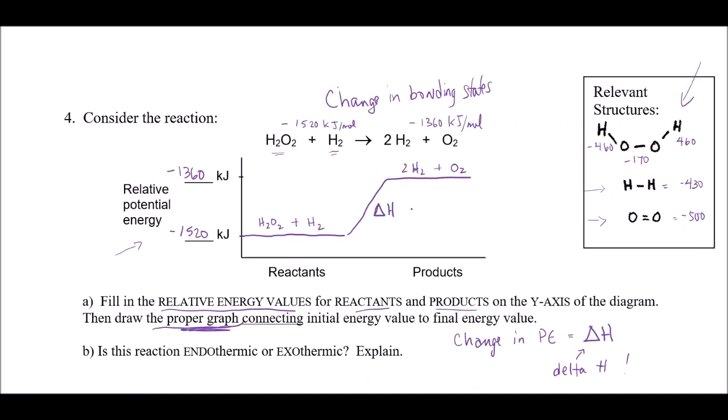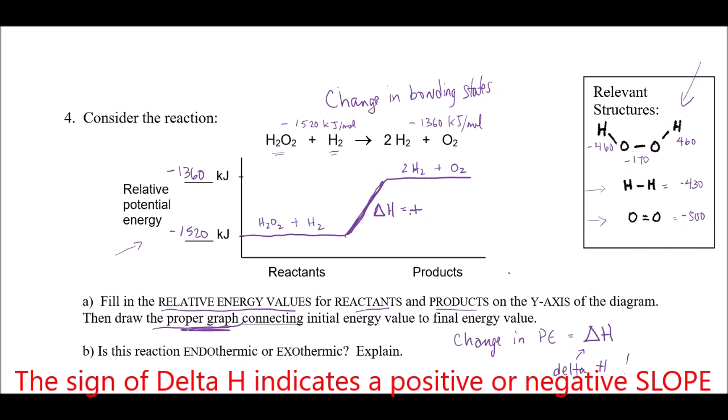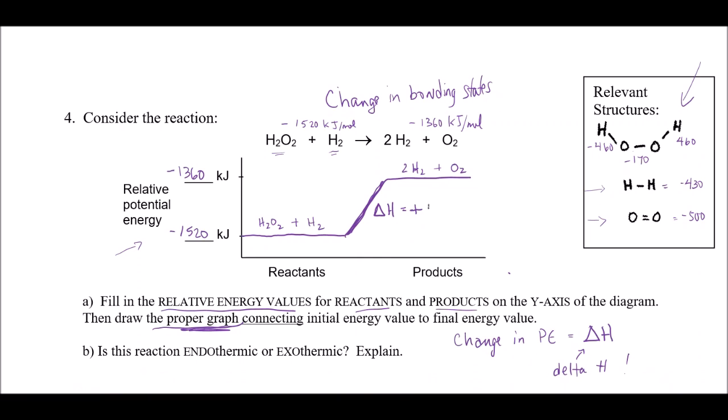Delta H. What is the change in this reaction? This is where you do simple subtraction to find the difference between negative 1360 and negative 1520. In this case, there's a positive slope. It's going uphill. So the sign here indicates the slope. Is it positive or negative? And the number is the difference, which is 160 kilojoules per mole.